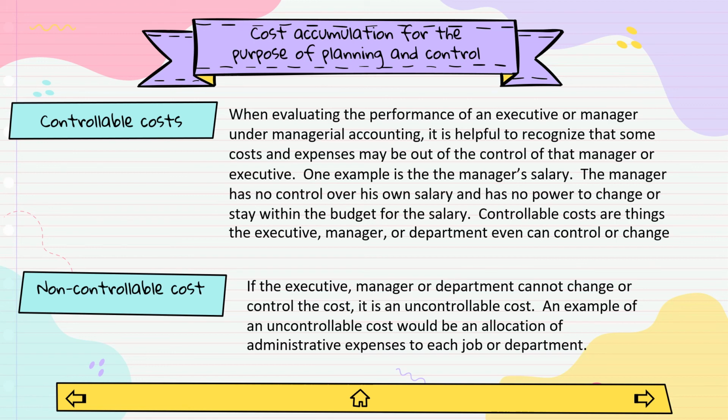Okay, how about non-controllable costs? This is something that we cannot control. If the executive, manager, or department cannot change or control the cost, it is an uncontrollable cost. An example of uncontrollable cost would be an allocation of administrative expenses to each job or department.